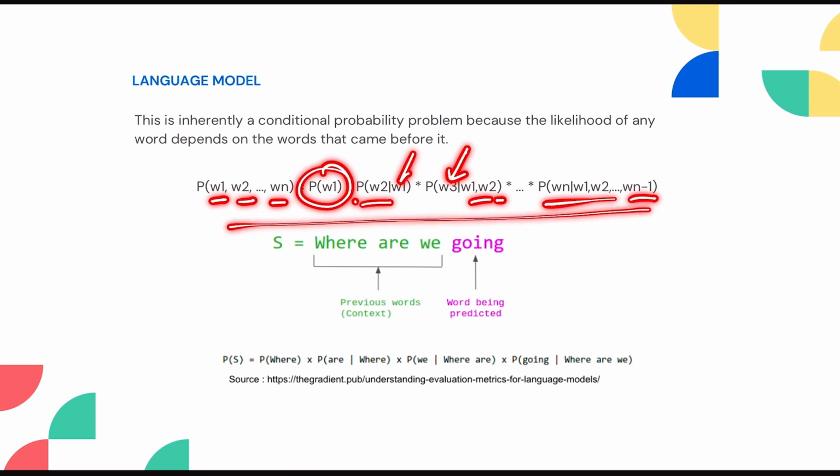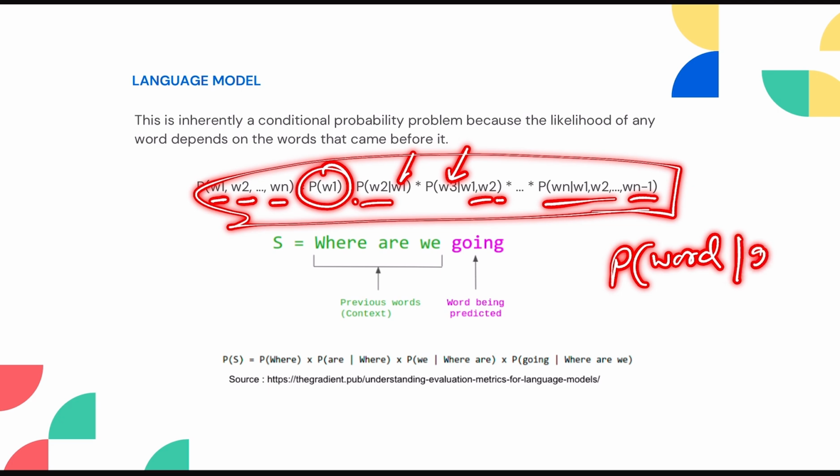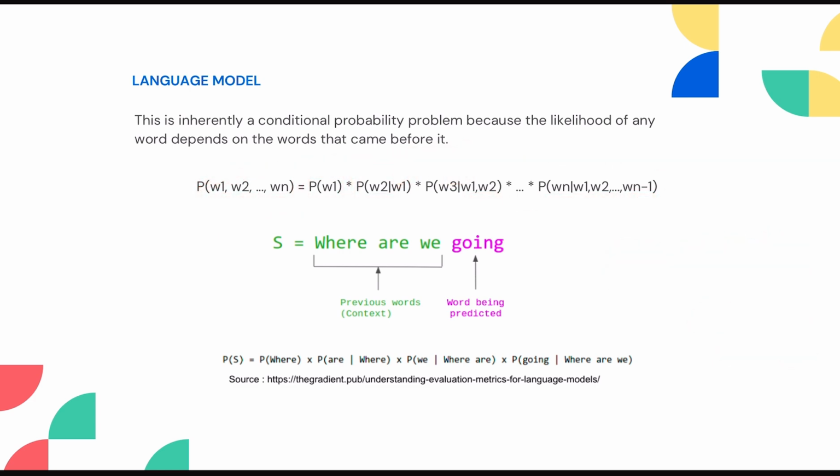So I can predict the probability of a word given a lot of words. We can say "where are we going": we are trying to predict the next word based on the given context. "Where are we" is the context.